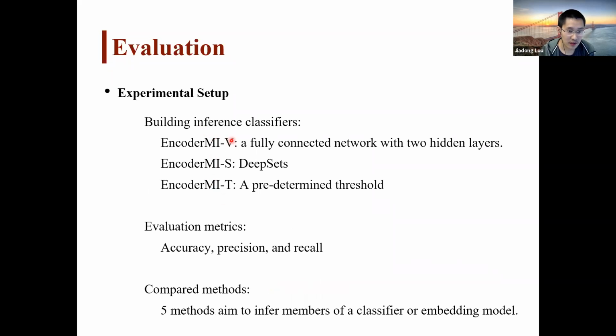When they build the inference classifier, they train the vector-based classifier using a fully connected network with two hidden layers. When they choose the set-based classifier, they use the DeepSets algorithm.